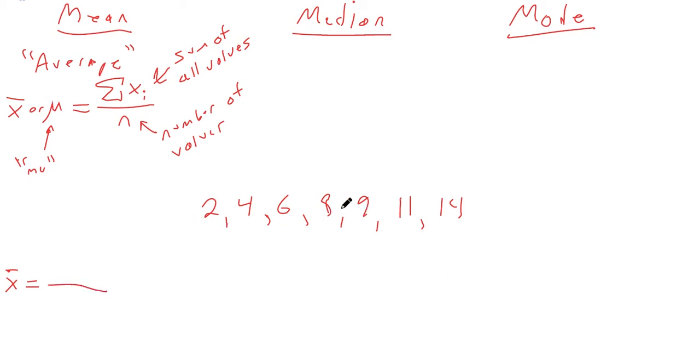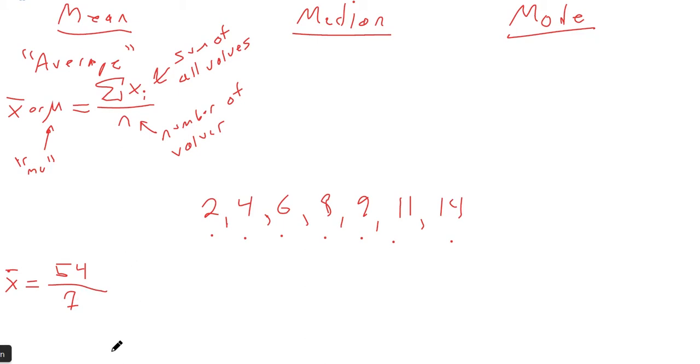If I add all of them up, I get 2 plus 4 plus 6 plus 8 plus 9 plus 11 plus 14. My calculator should equal 54. And I divide by how many there are, which there's 1, 2, 3, 4, 5, 6, 7. So 54 divided by 7.